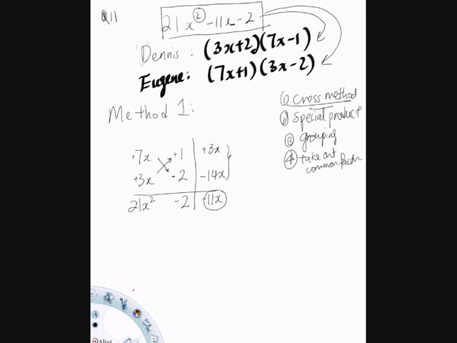So after I factorize this expression, I get the factors 7x plus 1 and 3x minus 2. And I double check the answer.